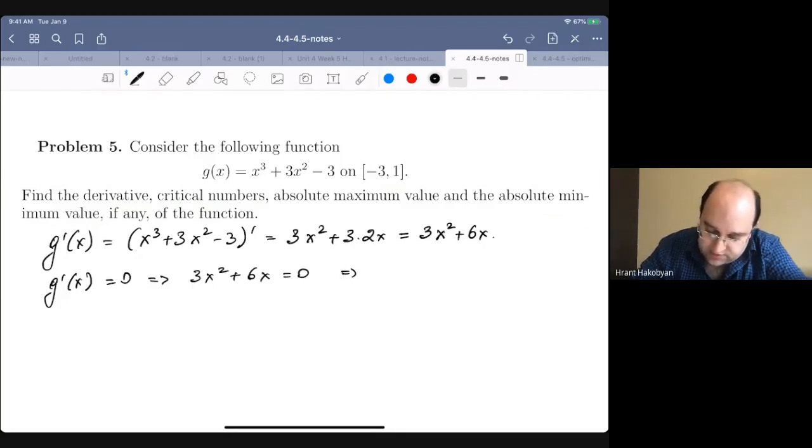Well, I can simplify this. I can factor out x, and also I can factor out 3. So I can write this as 3x times x plus 2, with x from the first term remaining, and 2 from the second term remaining. Okay?